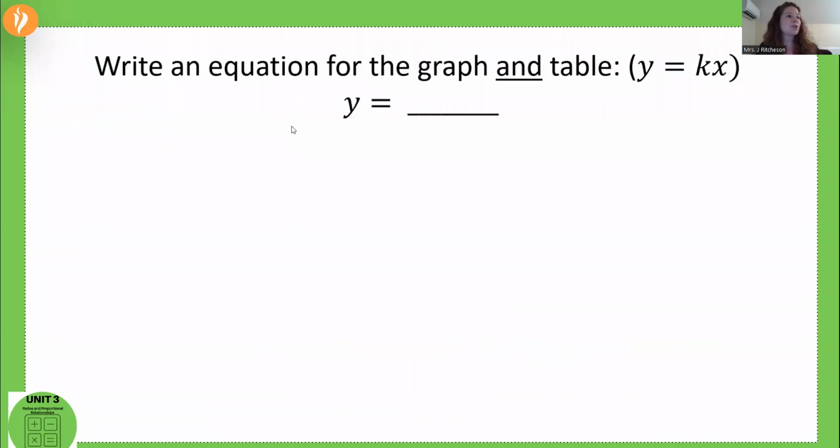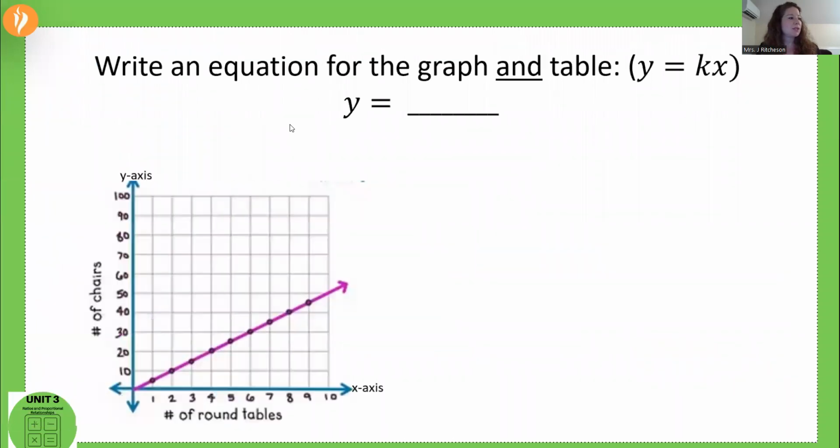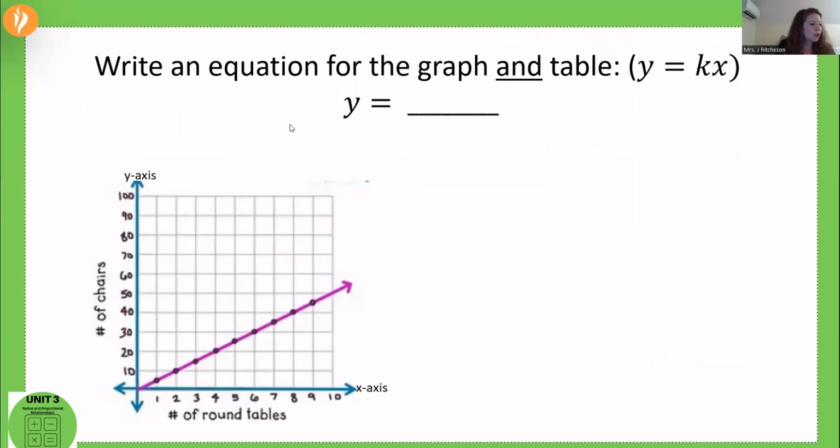Write an equation for the graph and the table. So let's look at the graph first. First of all, it goes through 0, 0, so that's a good place to start. These are our ordered pairs. What about when x is 1? What is y? Well, it looks like it's right about 5. Don't you agree? What about when x is 2?